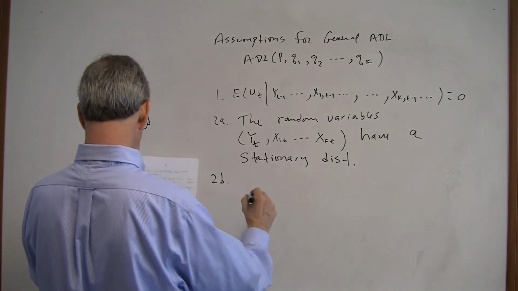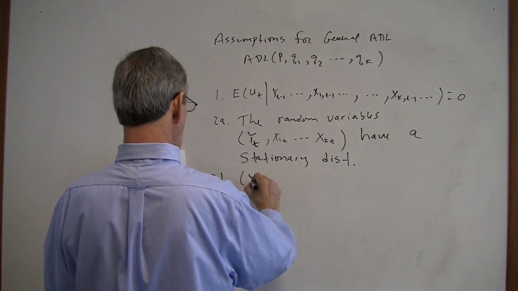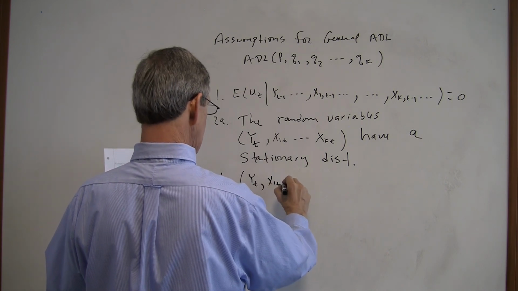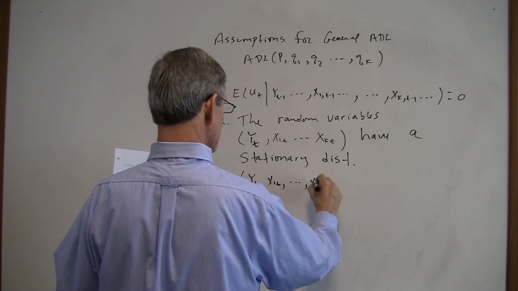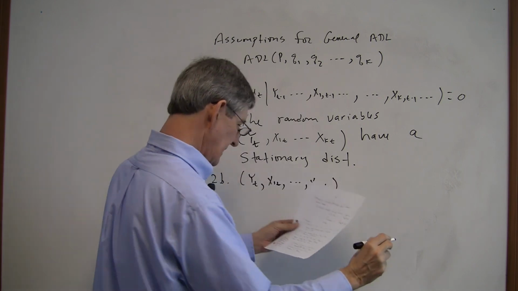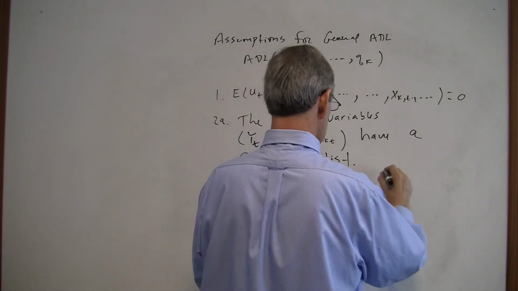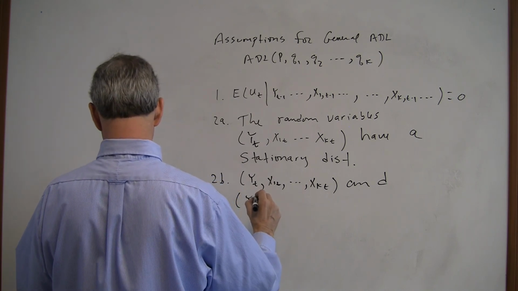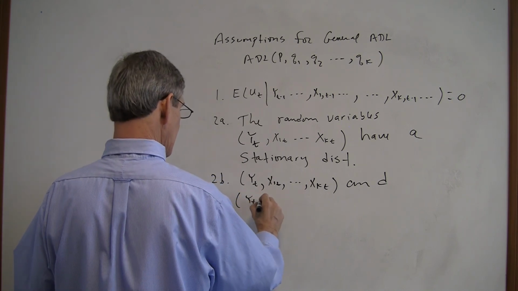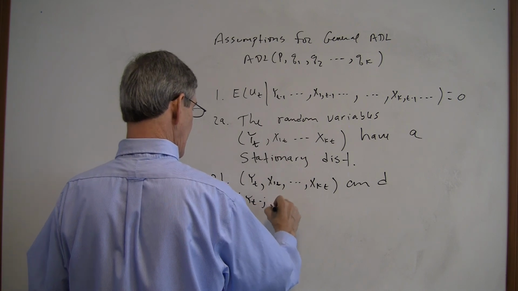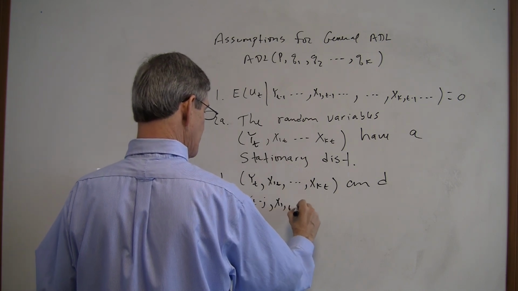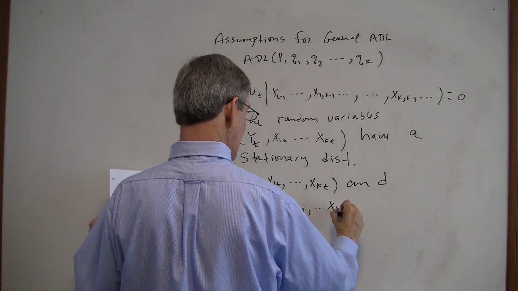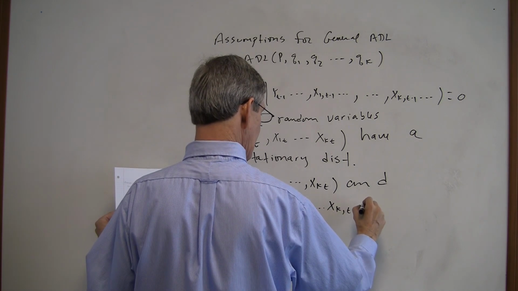2b is that yt, x1t out to xkt and yt minus j, x1 t minus j out to xk t minus j.